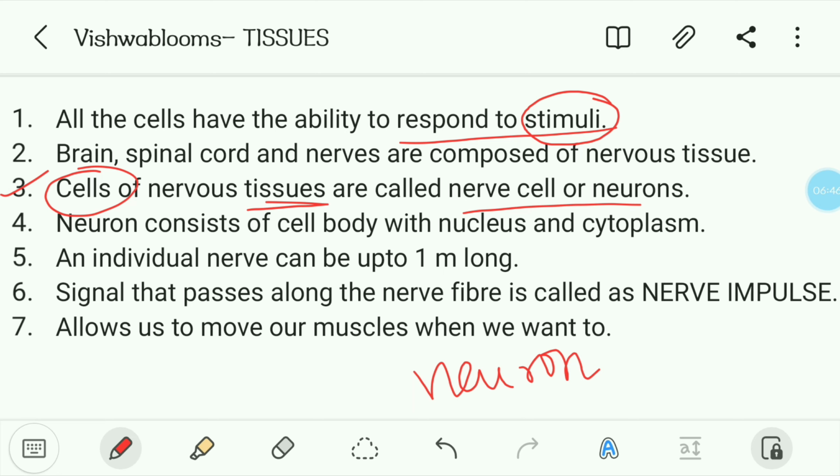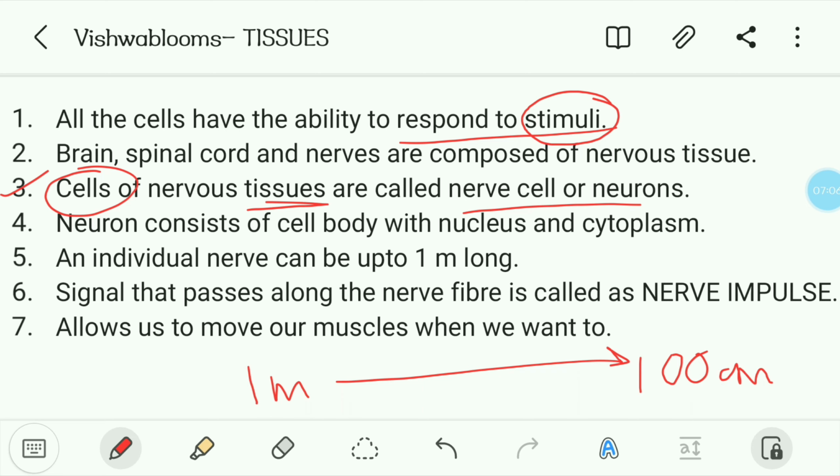How long do you think a neuron will be? It is 1 meter long, that means 100 centimeters. It's very long. I am talking about only one nerve, and one nerve can be 100 centimeters.